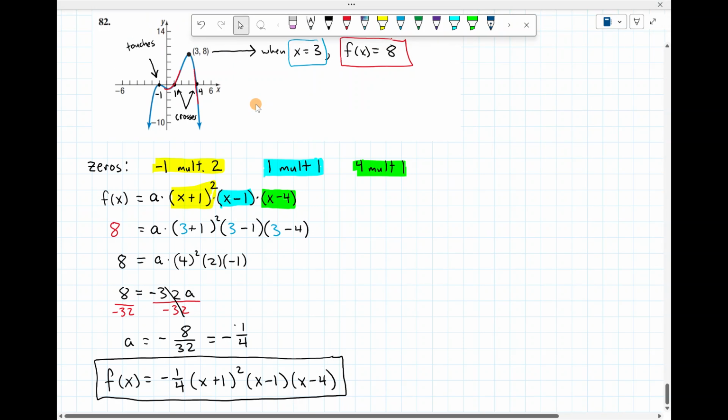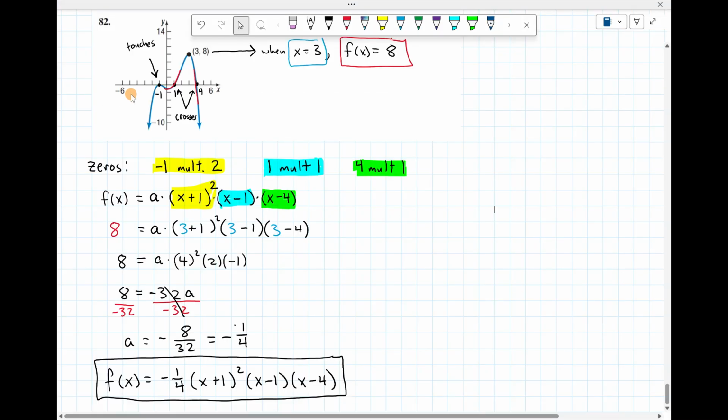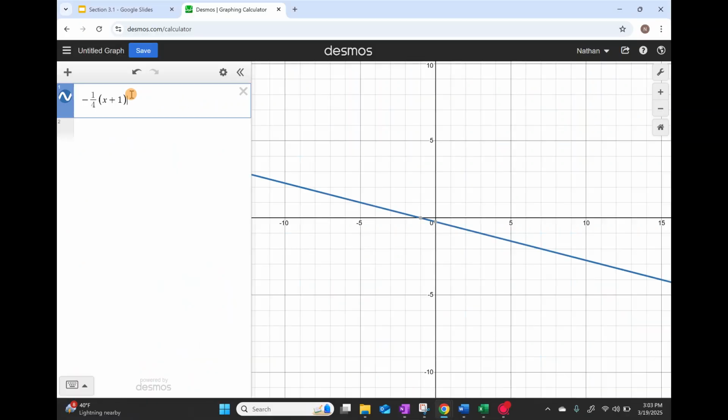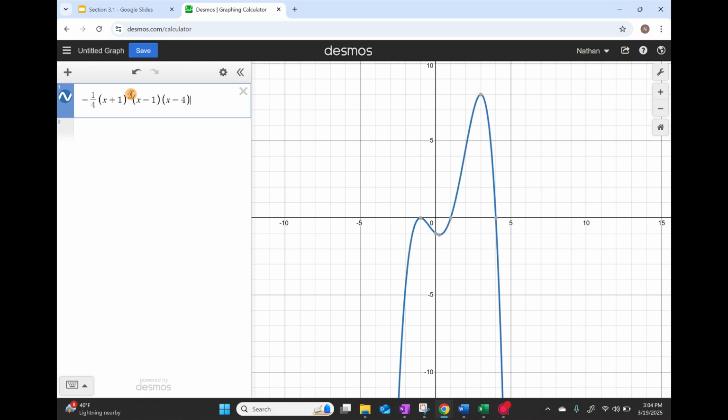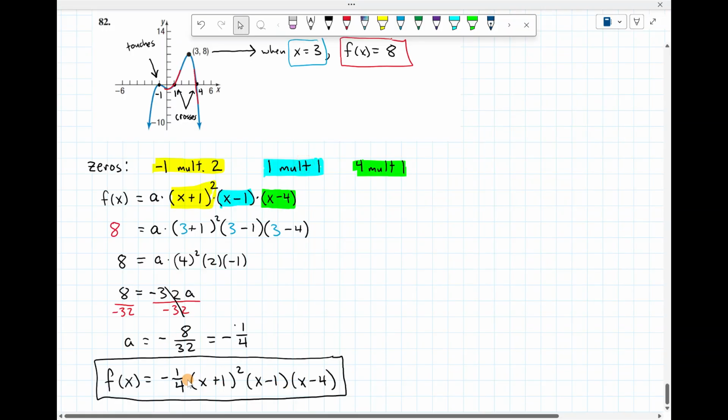So I'm going to go to Desmos, and I'm going to plug in negative 1/4, and I believe it was (x plus 1) squared, (x minus 1), (x minus 4). All right, so that's what we have for our solution.